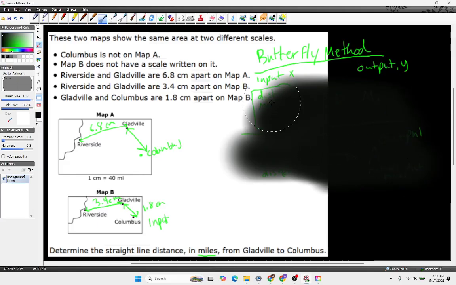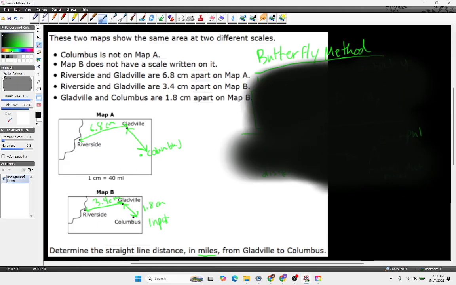That ain't gonna work. I'm going to get rid of this. All right. So for my first butterfly method, unfortunately, I had to erase that to make some space.